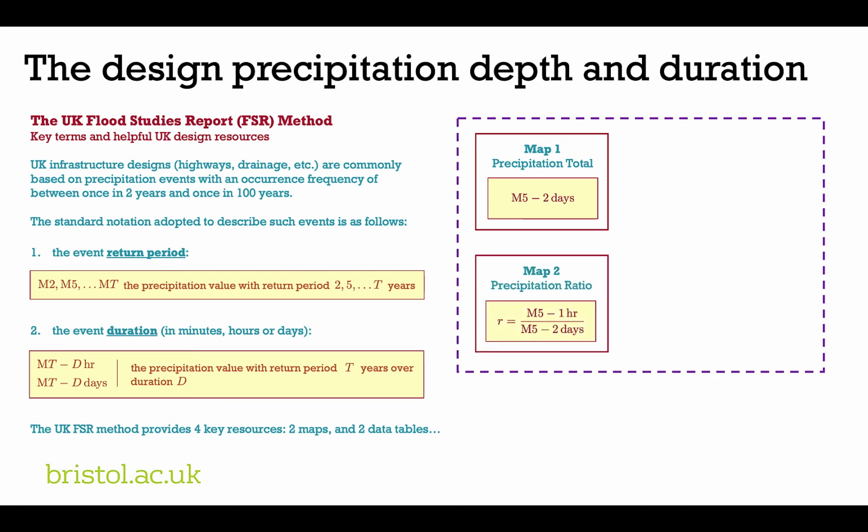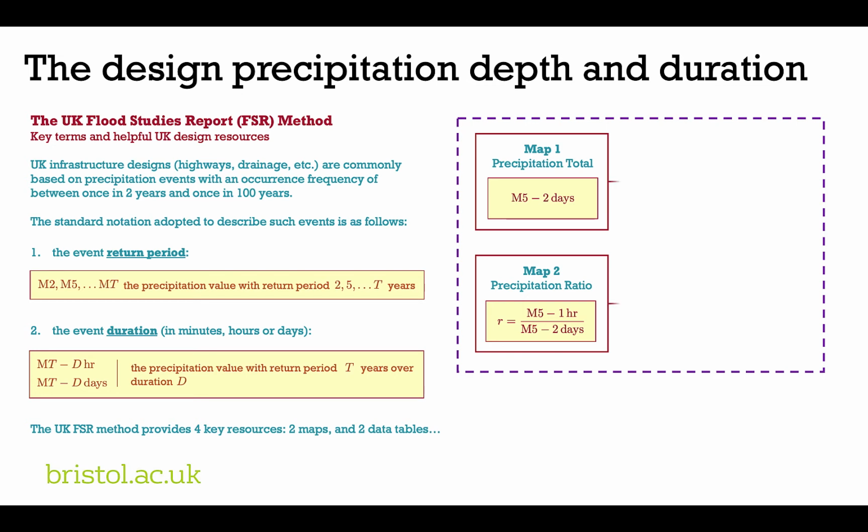Secondly, there is a map that shows you a precipitation ratio. And this is a ratio between the precipitation total that falls in 1 hour with a return period of 5 years to the precipitation total that falls in 2 days with a return period of 5 years. And this is a key ratio.